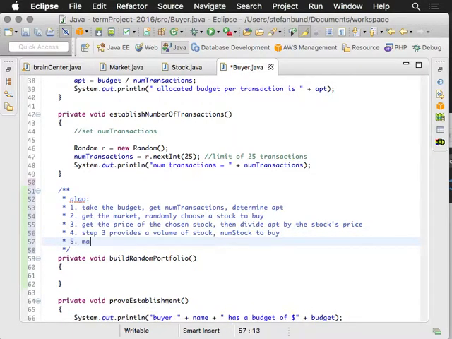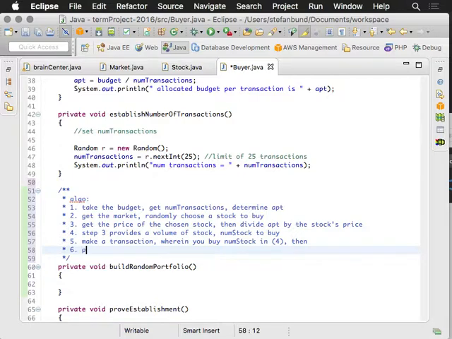Then 5, make a transaction wherein you buy the number of stock in step 4. Then step 6, push the transaction into the buyer's portfolio.